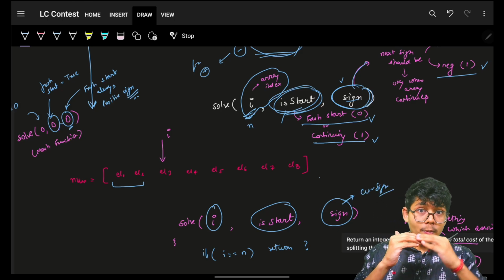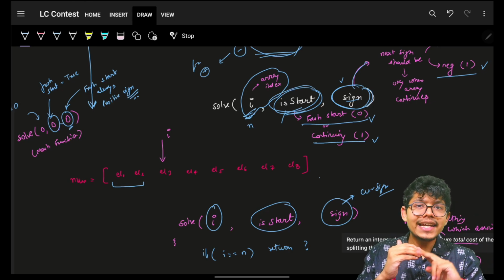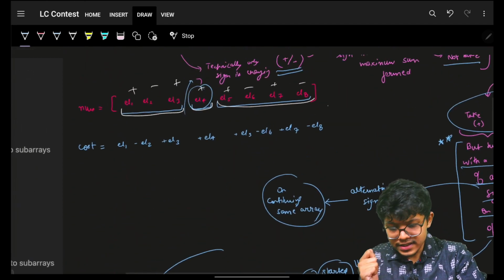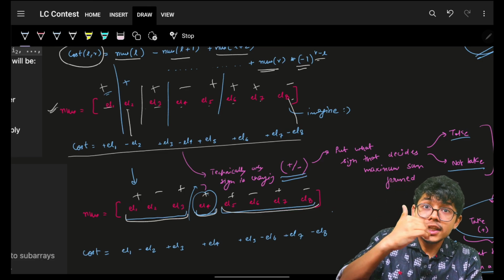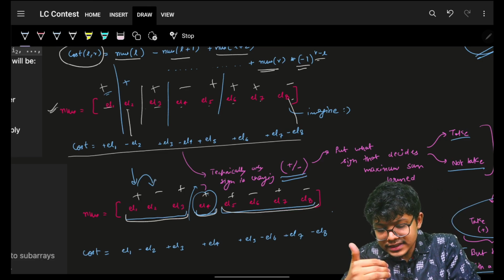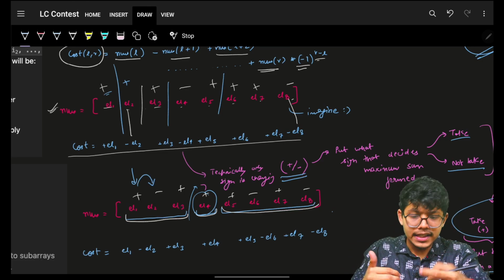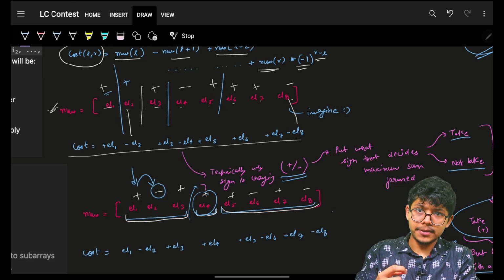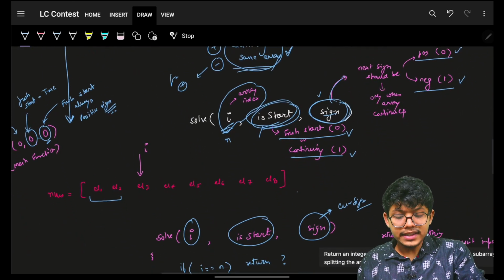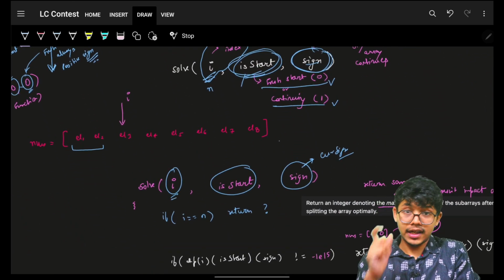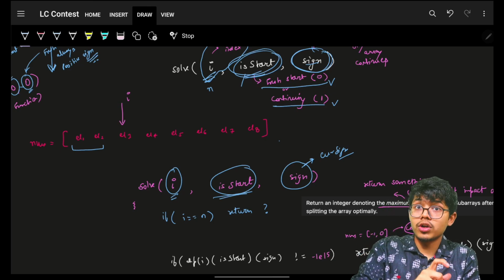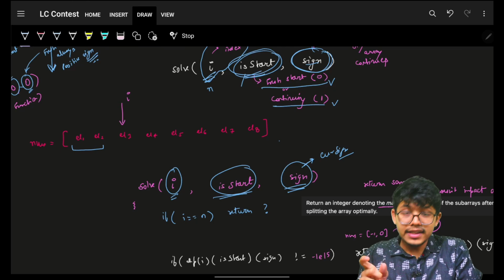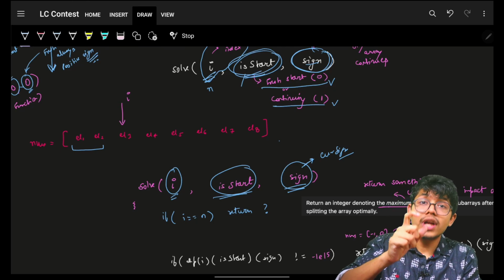When I go on to my next state, I will assign the sign to him, which means that when I'm standing here, if I plan to continue the array, I will assign the opposite sign to my next element. So this indicates that I am at the current index I. This indicates if it is a fresh start or a continuing start. This indicates what is the current sign it should have.